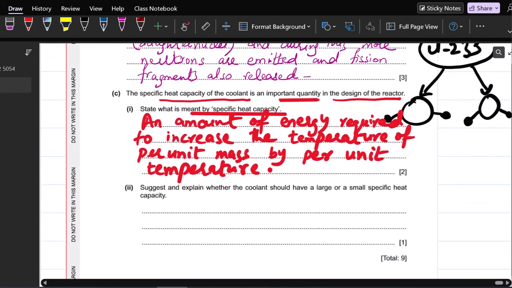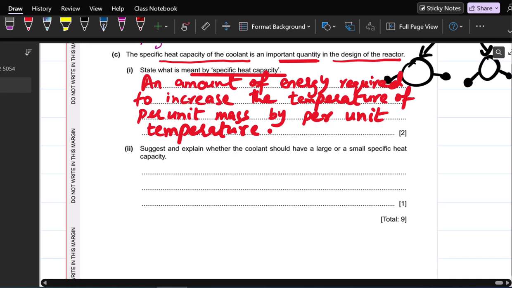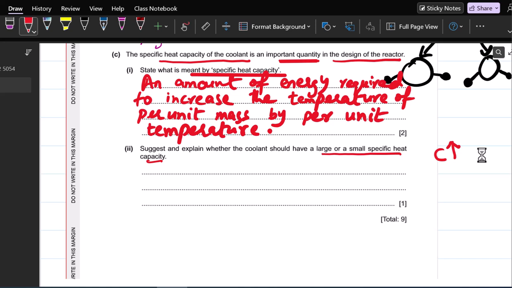So suggest and explain whether the coolant should have large or small specific heat capacity. If the value of C is high, it means it has the ability to sustain more energy. So if specific heat capacity is higher, the temperature increase will be smaller because of its resistance to temperature increase.